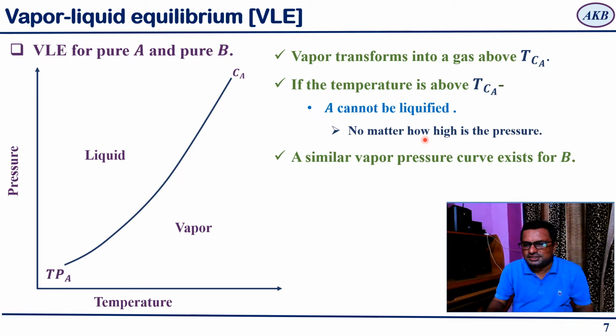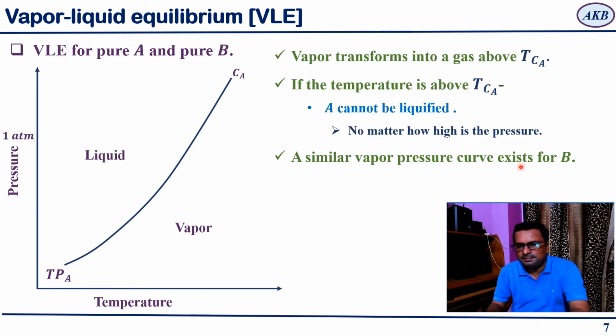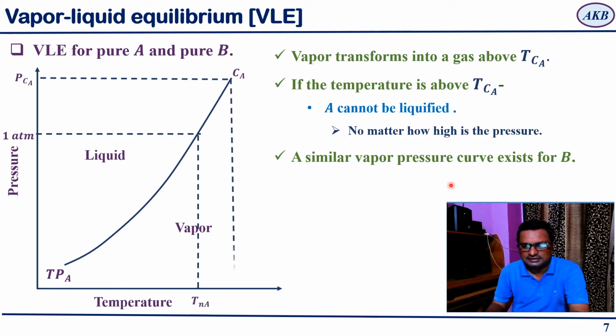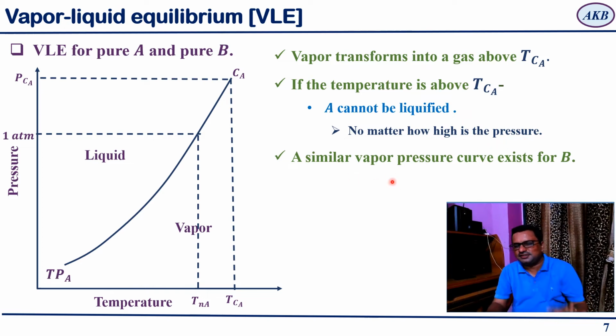This is how we can discuss the vapor pressure curve or equilibrium curve for pure A. A similar discussion can be done for pure B. A similar vapor pressure curve exists for B. At 1 atmosphere you have the normal boiling point, and then the critical pressure, critical temperature, and the significance of the critical temperature: if the temperature is above the critical temperature, it cannot be liquefied, no matter how high the pressure is.